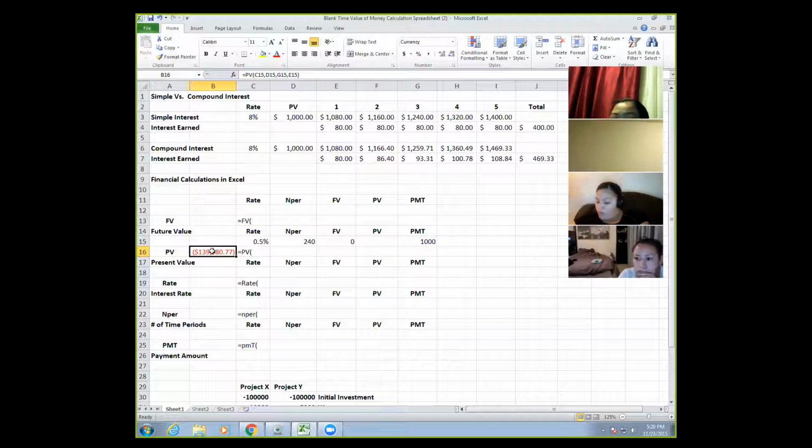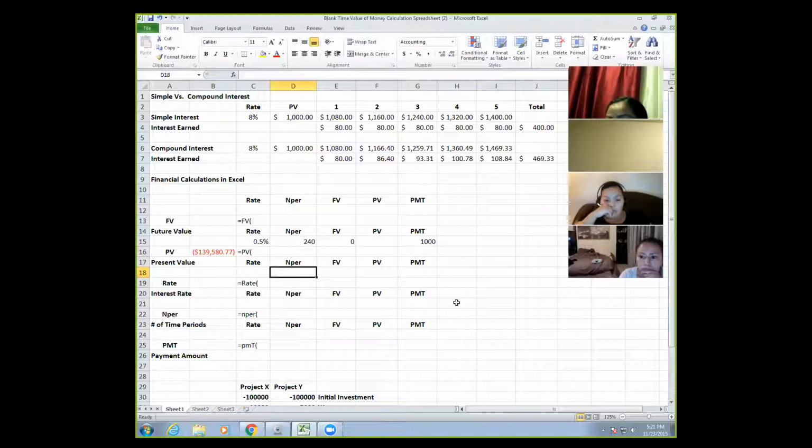So this is one way to calculate the present value of an annuity. The other thing you might want to calculate with an annuity is the average rate of return you would be getting by buying it. So you'd use this rate formula down here.